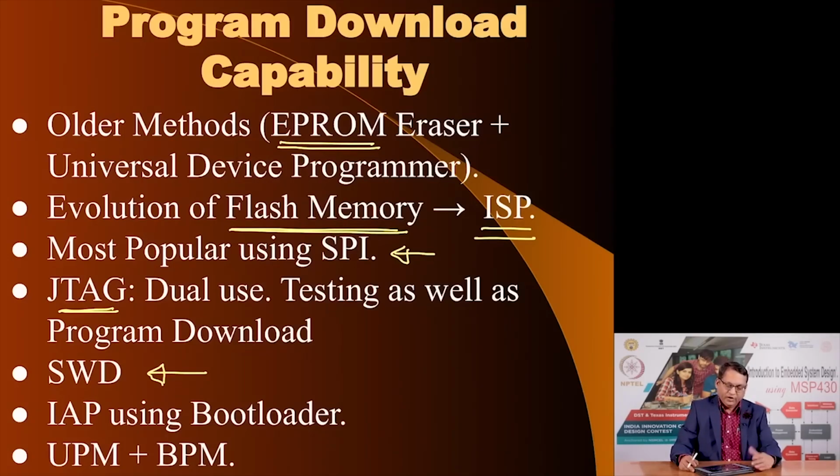This is a more efficient protocol which uses fewer pins than the JTAG. And another way to download a program into your code is a method called in-application programming, meaning you don't even stop your application from running. While the system is running, you can download code into it using a technique called bootloader.